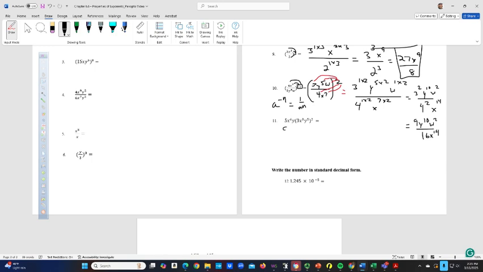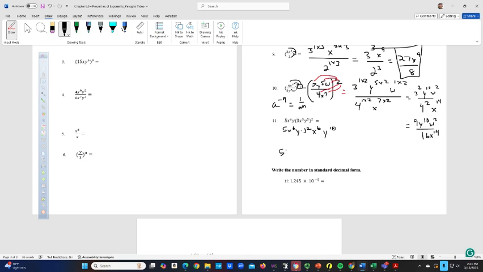So we're going to say 5x to the 6 y, and then we're going to implement our power rule with the 3, because that's going to be times 3 to the second, x to the 6th, y to the 10th. So I did my power rule, and now I can do some combining of like terms.